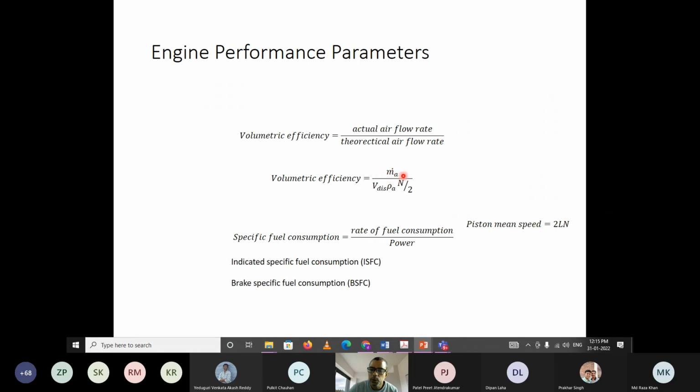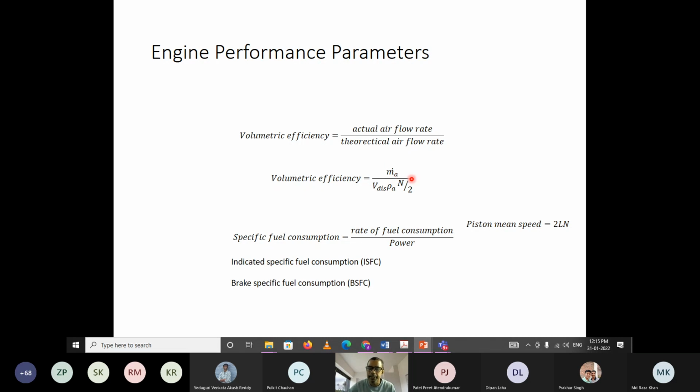So how is your electronic system going to act fast enough to calculate the mass flow rate of the air, and then correspondingly inject the fuel also? So it depends upon how this parameter is measured in the engine. It depends upon the algorithm and how the ECU has been calibrated.